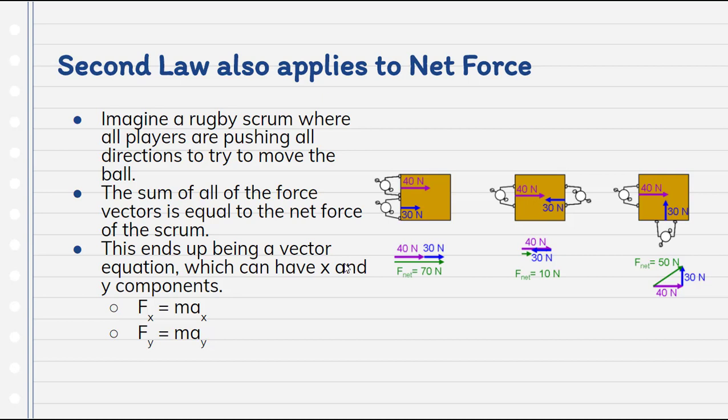And then if we were to have one person pushing the box from the left and one person pushing from the bottom, well, now that again becomes a vector problem that we can use the Pythagorean theorem to solve. The force of 40 going to the right and the force of 30 going up results in a net force of 50 going in the upper right-hand direction. So again, we can use those concepts that are directly related to vectors in order to calculate and solve for a variety of problems.